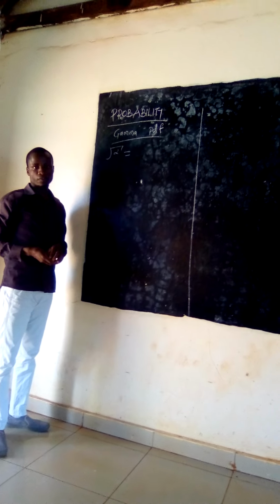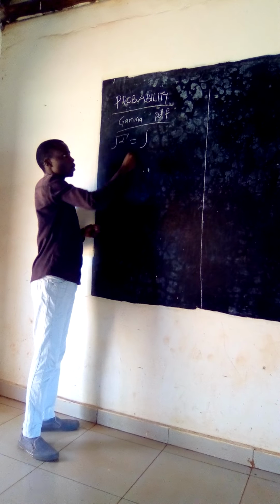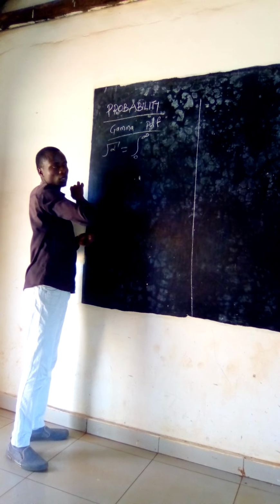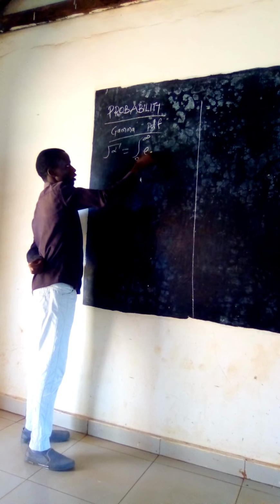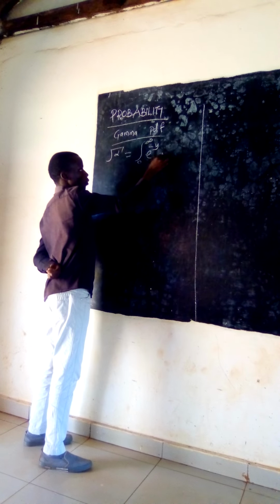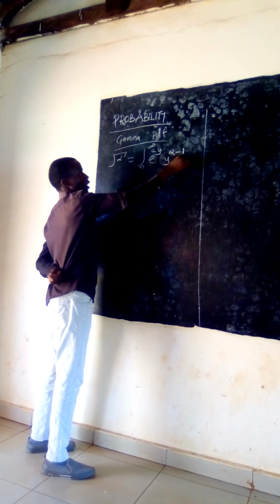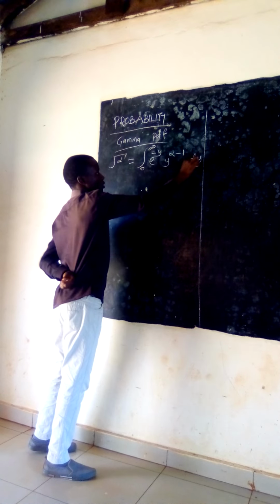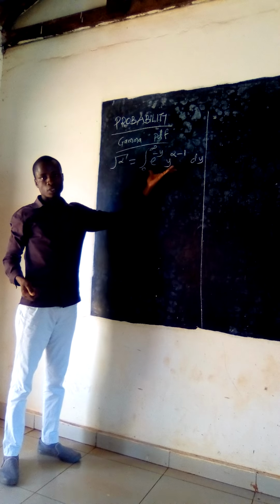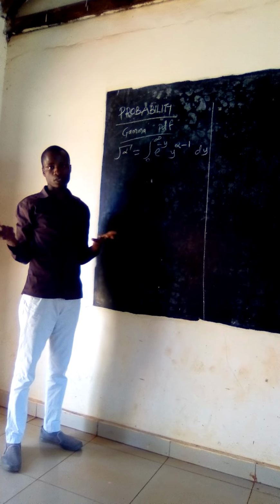The function gamma of alpha is the integral ranging from 0 to infinity of exponential of negative y, y to the power alpha minus 1, dy, because you are integrating with respect to y. This function is very important as far as deriving the PDF of gamma is concerned.